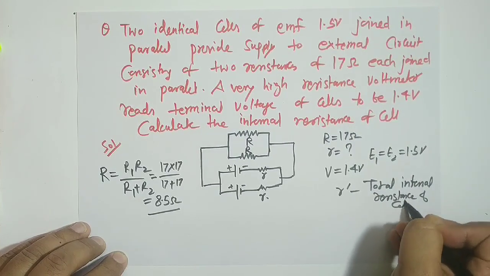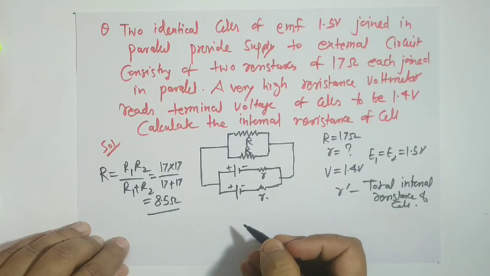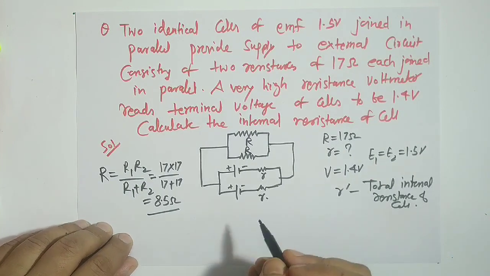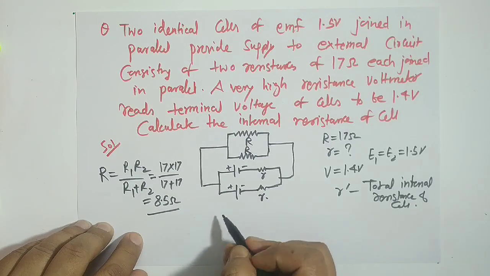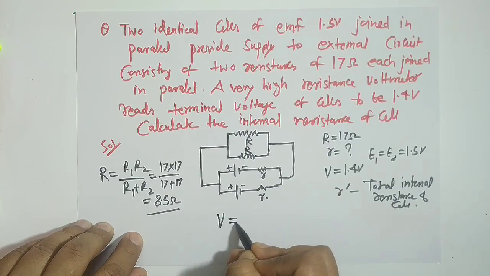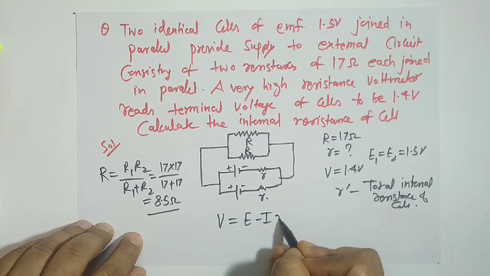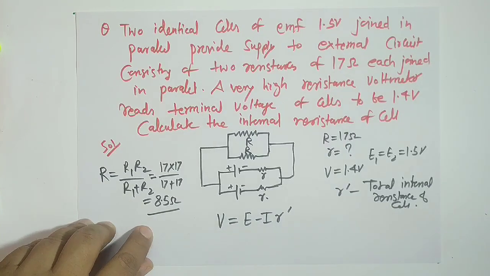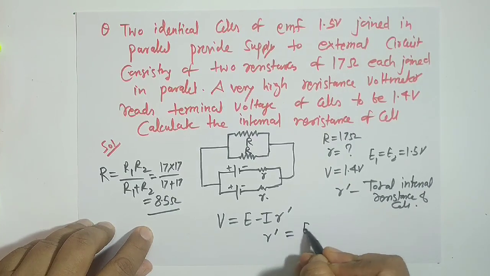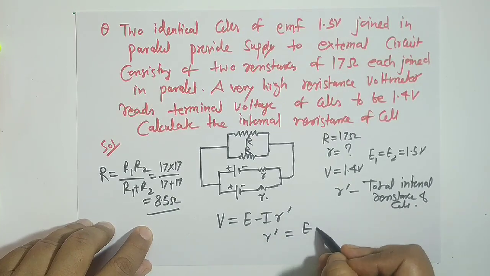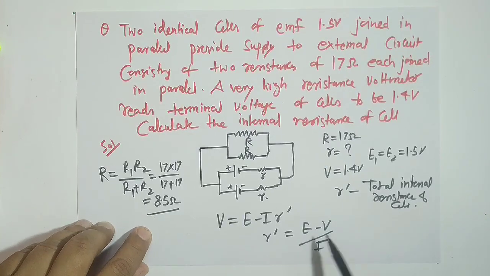Okay, and then can I calculate it? Yes, I know the concept is that V is equal to E minus IR dash. So can I write here R dash is equal to E minus V by I? Got it or not?